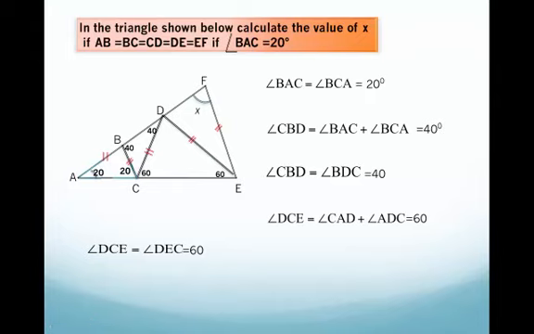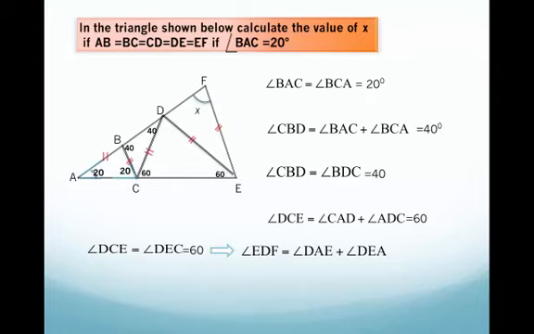Now we have the triangle ADE. In triangle ADE, angle EDF is the exterior angle here, and this must be equal to the sum of angle A, that is 20 degrees, that is DAE, plus angle DEA, which is 60 degrees. So let us see that. Angle EDF is equal to angle DAE plus angle DEA.